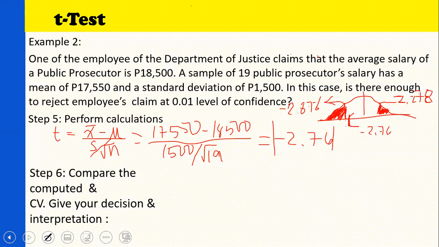So meaning we can conclude that the starting salary of these employees or public prosecutors is 18,500. So we can say that negative 2.76 is not beyond 2.878.